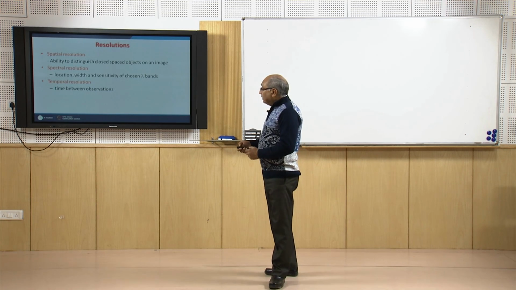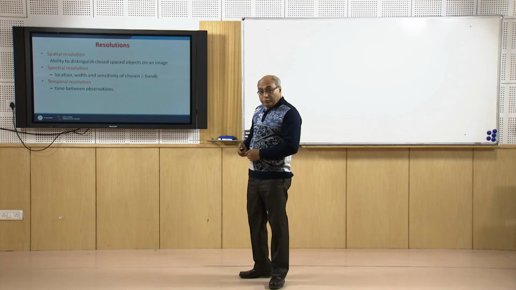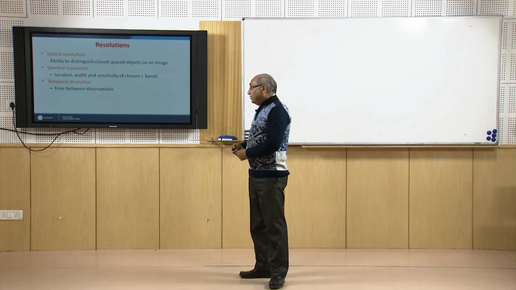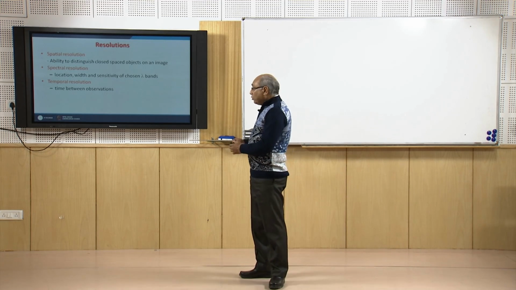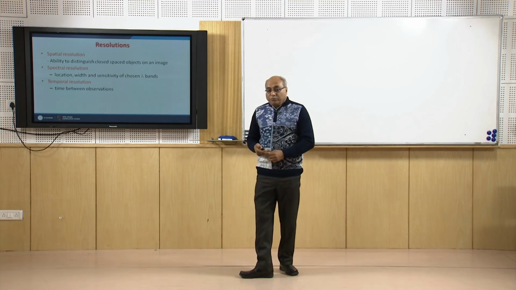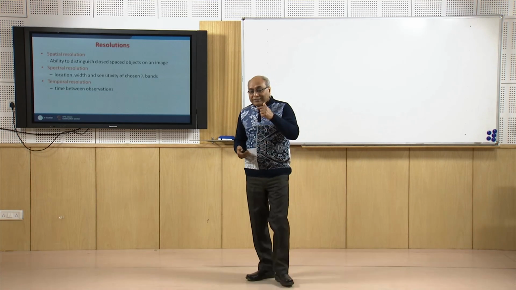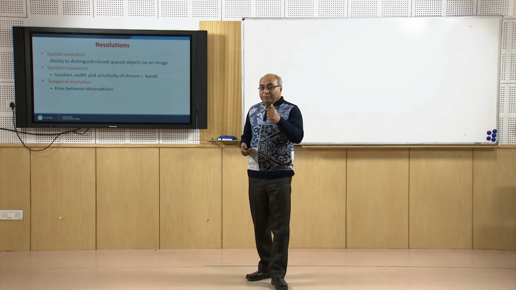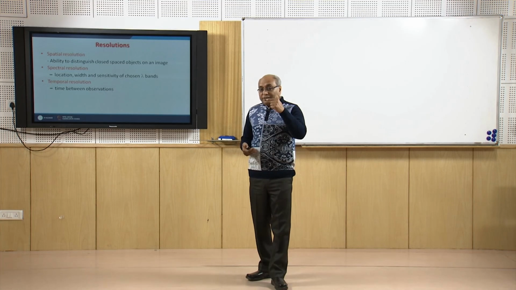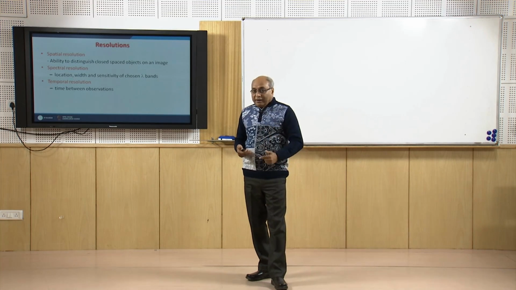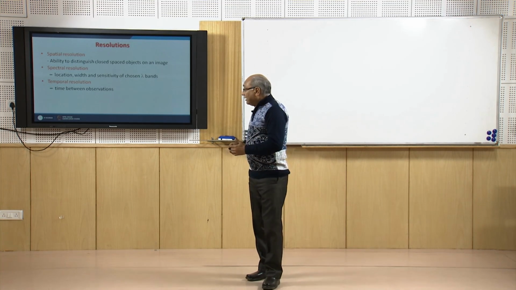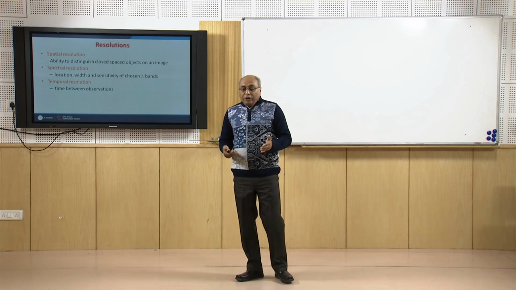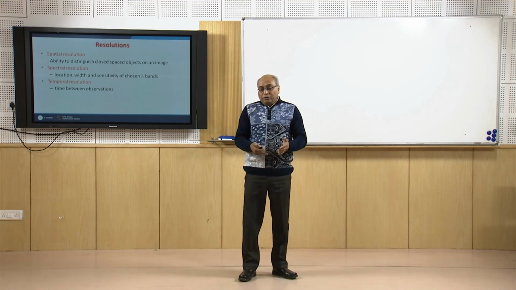The third out of 4 types of resolution is the temporal resolution. Temporal resolution means the time between observations, how frequently a satellite is revisiting or visiting the same part of the land again and again. Let me give you an example of NOAA AVHRR, the NOAA satellites.